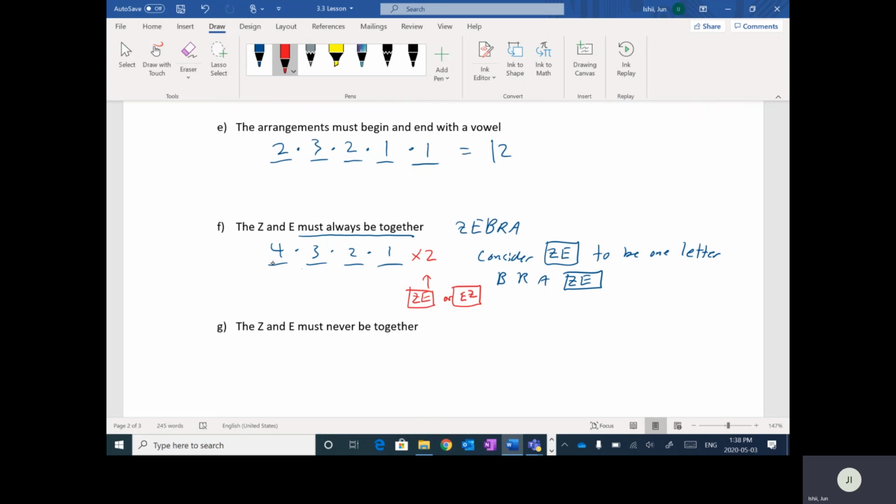That's why, once we arrange the 4 objects, we must multiply by 2. Therefore, 24 times 2 is 48.